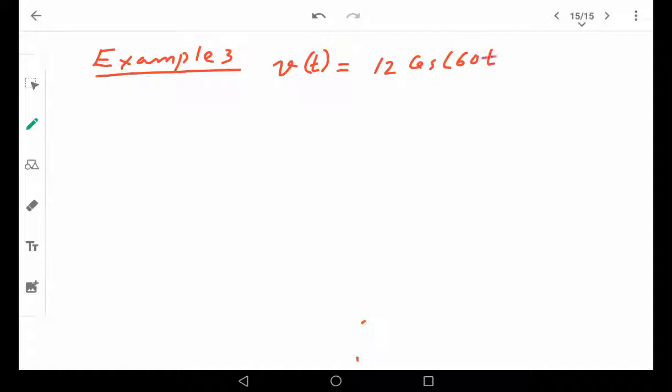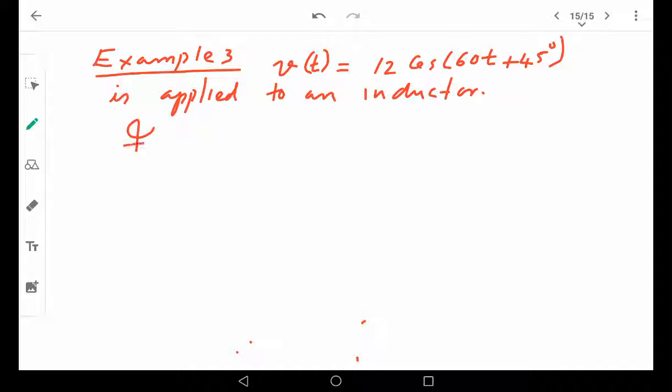Understand? Now we will do example 3. You have a voltage v(t) equal to 12 cos(60t plus 45 degree), right? This is applied to an inductor.